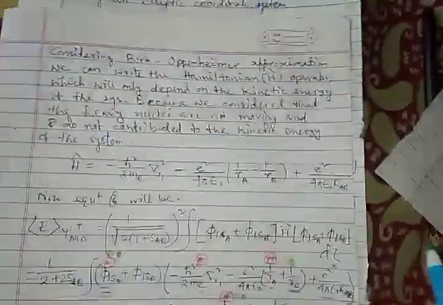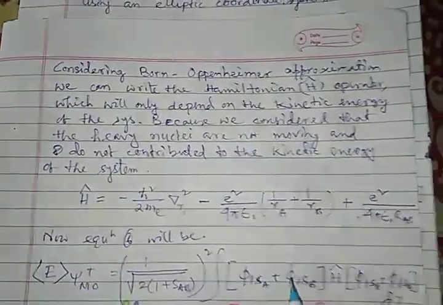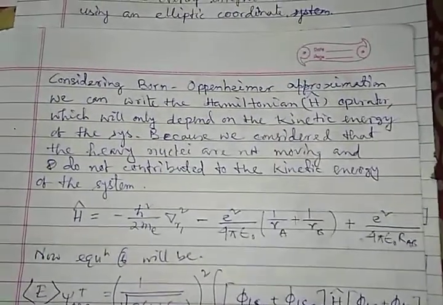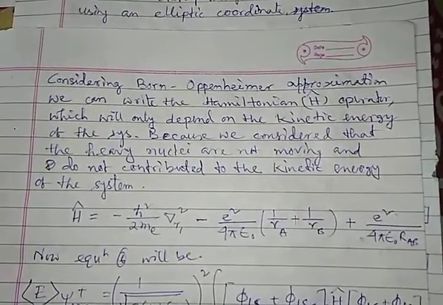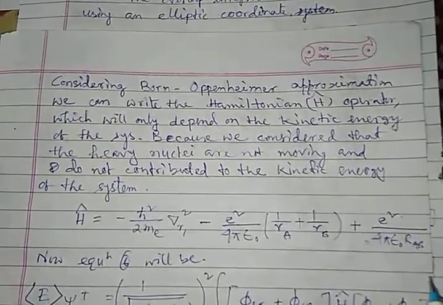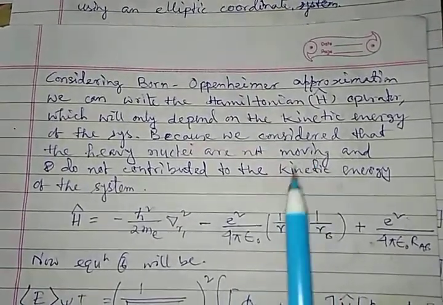Now if we are going to construct this Hamiltonian, we have to remember one important approximation method, that is the Born-Oppenheimer approximation. According to the Born-Oppenheimer approximation, we are considering that the kinetic energy of this H2 plus molecular system is determined only from the kinetic motion of the electron.